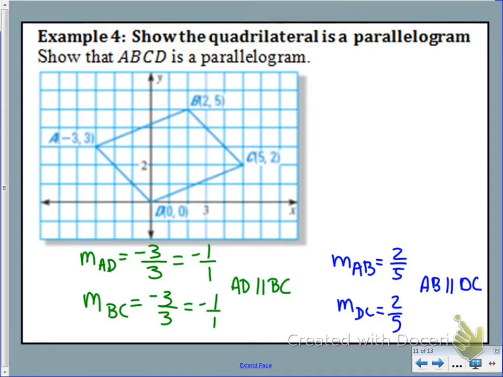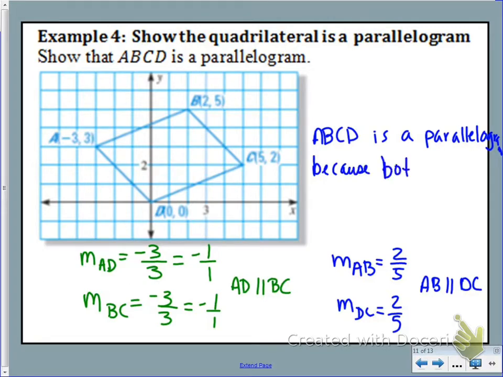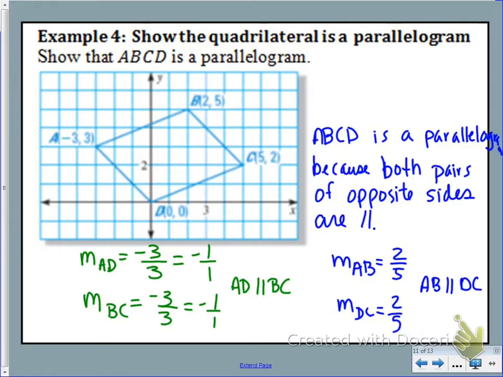So if you were to tell me, for example, that ABCD is a parallelogram because both pairs of opposite sides are parallel, I would say that you do not have your evidence. So the only way that you're going to be able to show me with proof, with concrete evidence, is by showing your algebra behind this.